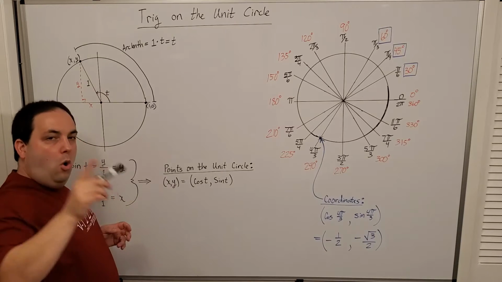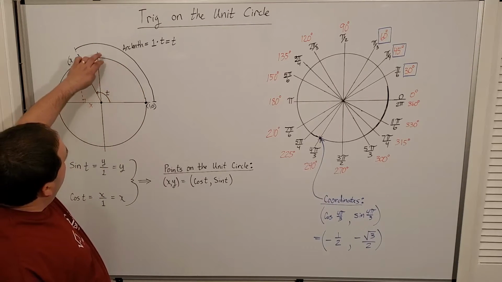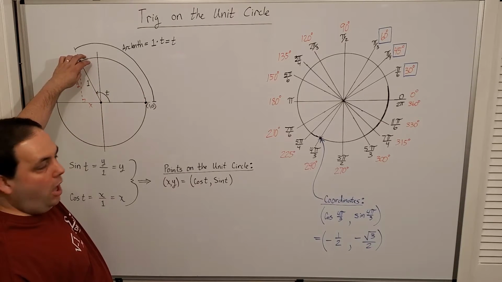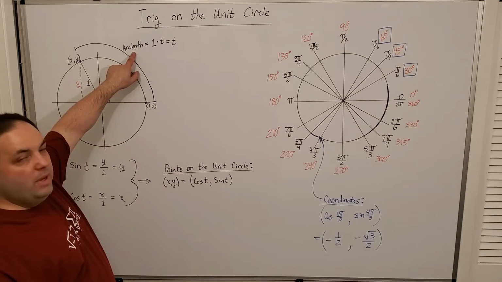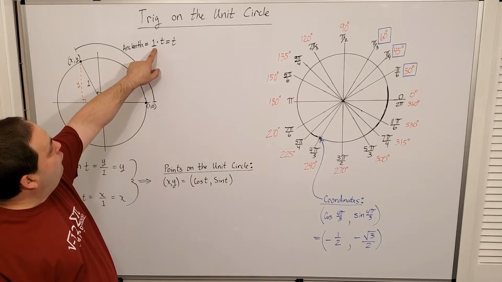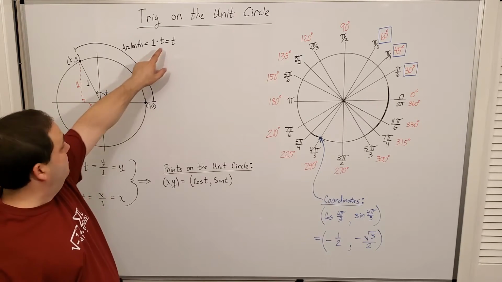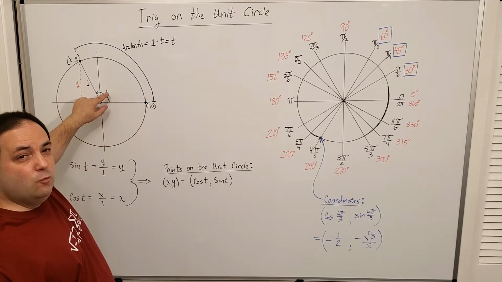So if I walk on the unit circle from 1, 0 out to some point x, y that's on the unit circle, the length that I'll be walking is the radius times the angle, as long as the angle is in radians. So I'm saying right here, T is an angle measurement in radians.